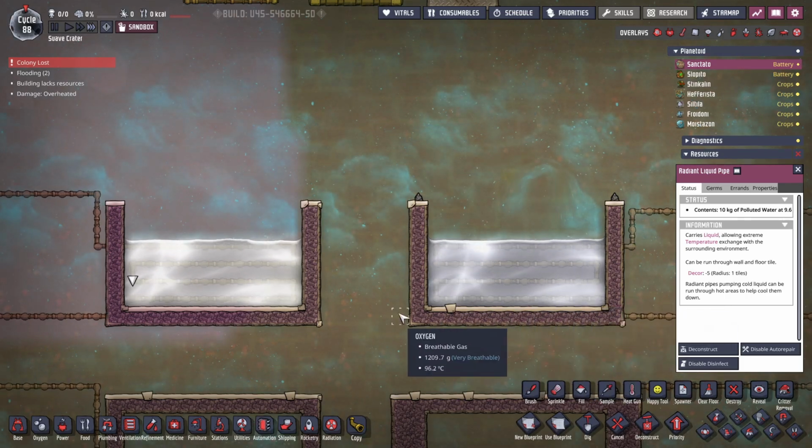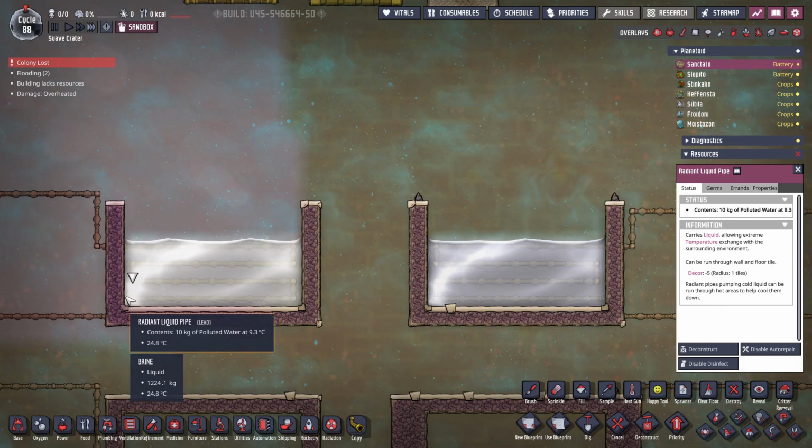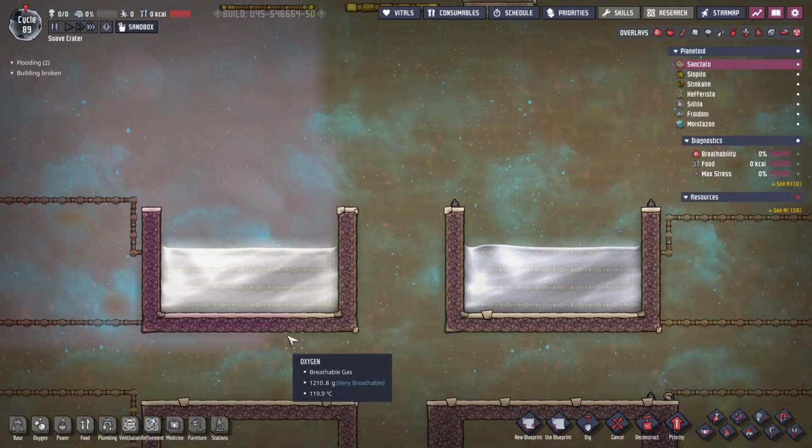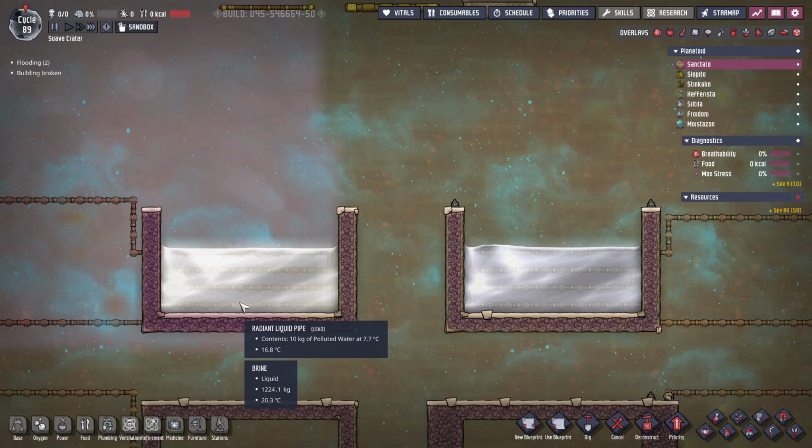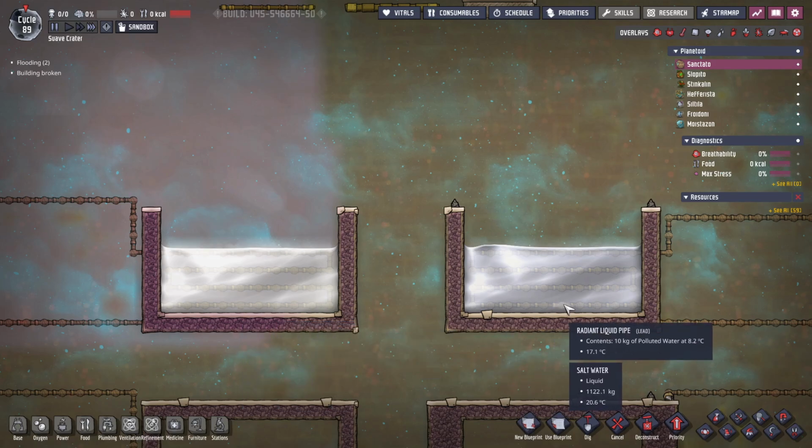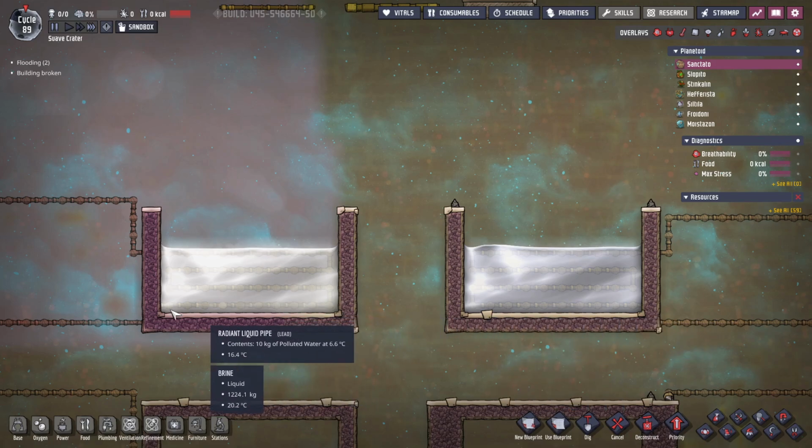It's going to take a little bit of time, so I'm just going to speed up the process. I've sped up the process and we can see now that the brine has a temperature of 20.3 degrees and the salt water has a temperature of 20.6 degrees. So the salt water was a little bit slower to cool down compared to the brine.